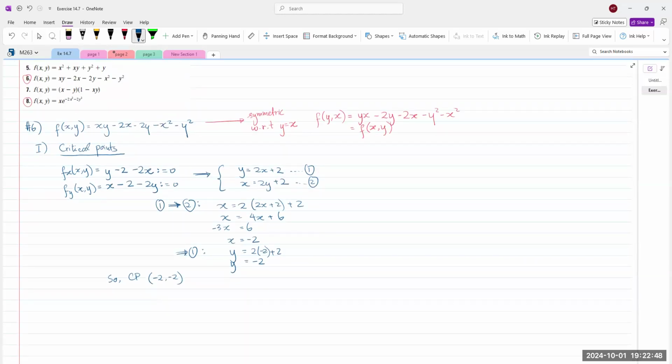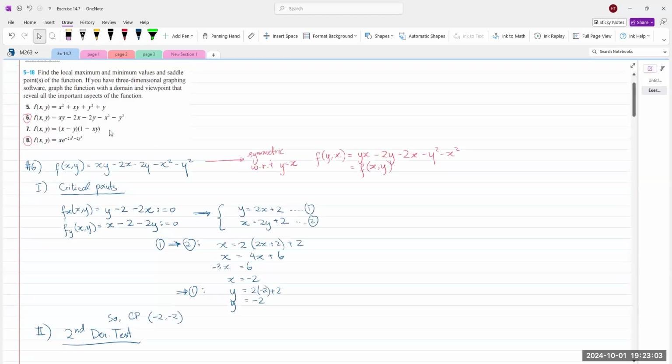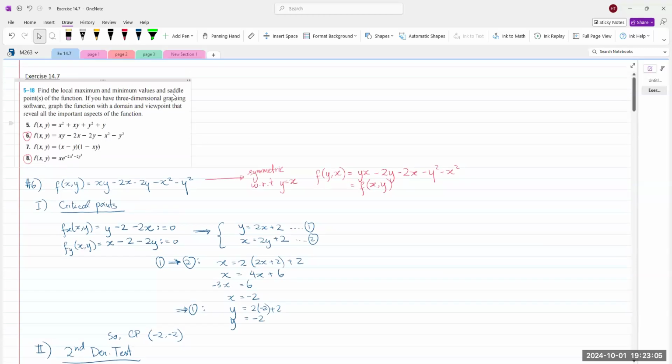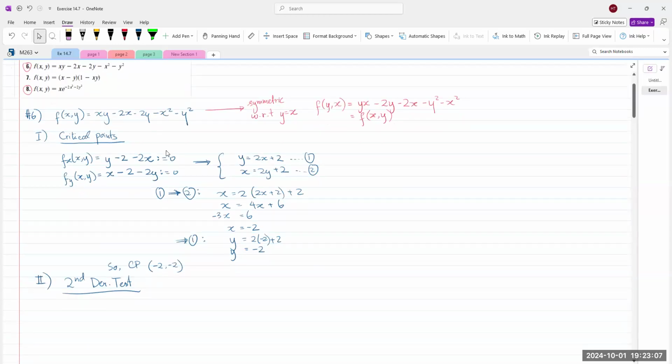Let's go on with the second part. Because they don't tell us the boundary, we need to use the second derivative test. Yeah, because we need to find the local maximum, local minimum, and saddle points, right?